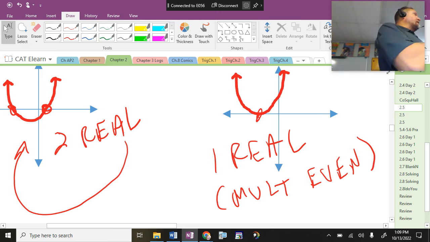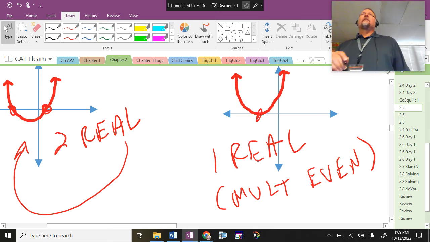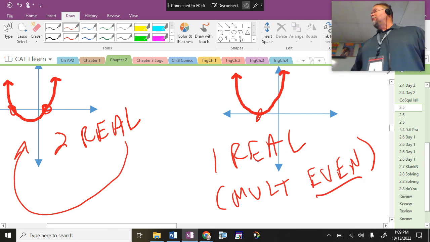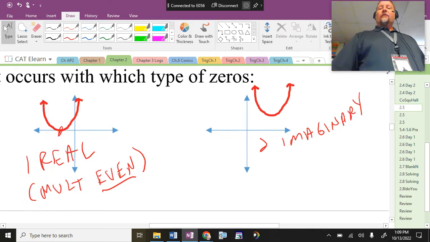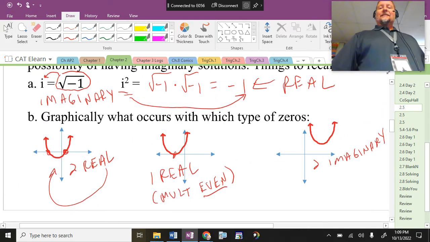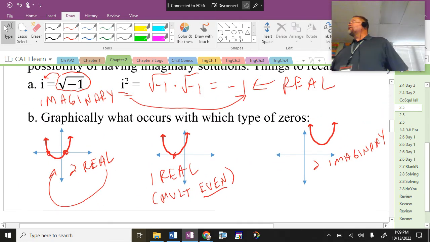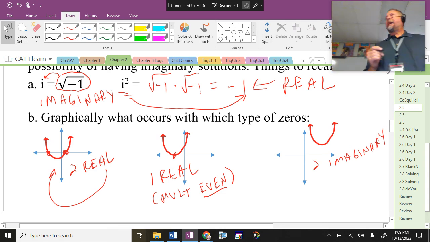You already got quizzed on that, by the way. You already know this, right? All right, we had to do that and understand that. But that's a multiplicity. I should say 2, but I actually said multiplicity even. It could be more than 2. It could be multiplicity 4, 6, 8. But then the real deal, you could have a graph that does not hit the x-axis. That means you would have 2 solutions that are imaginary. And now that's where this section's just slightly different than the last one.